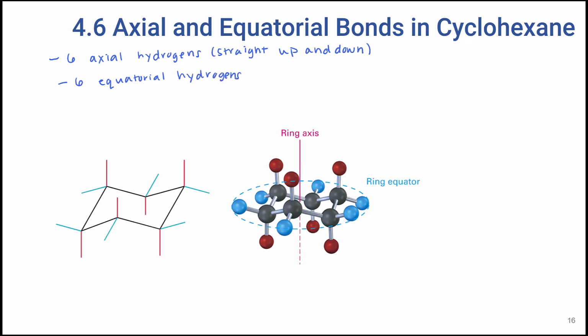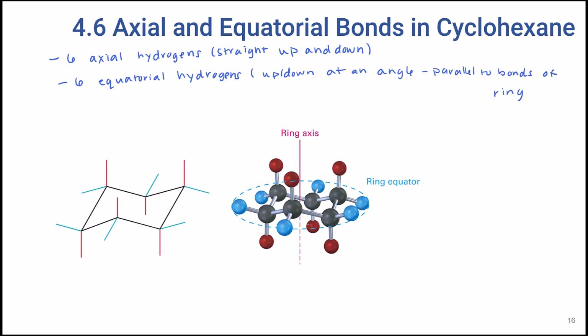And those come out kind of like at the equator, so they go out at an angle. The angle is parallel to the bonds of the ring. And equatorial, you can think of equator.